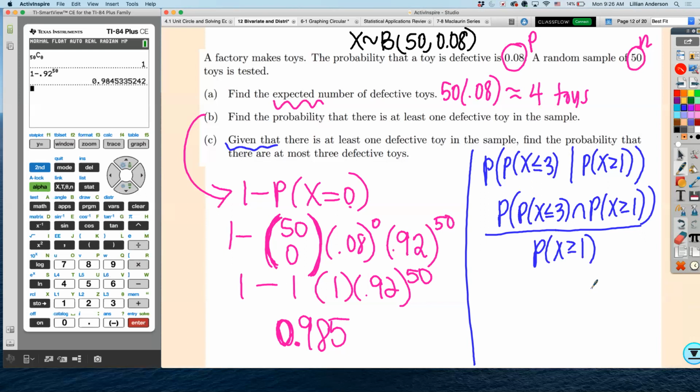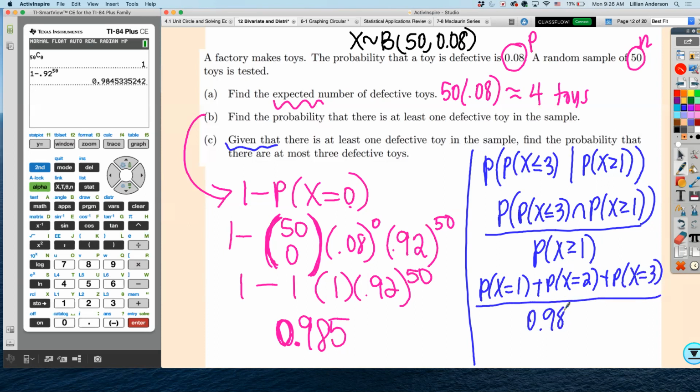What's the intersection between less than or equal to 3 and greater than or equal to 1? 1, 2, and 3. So I'm looking for the probability that x is equal to 1, plus the probability that x is equal to 2, plus the probability that x is equal to 3, and that's going to be my numerator. Then I'm going to divide it by the answer I got in the previous part, because that's the probability that x is greater than or equal to 1.